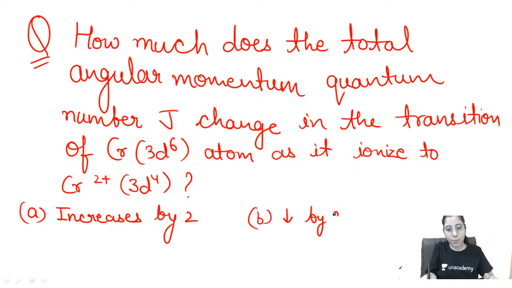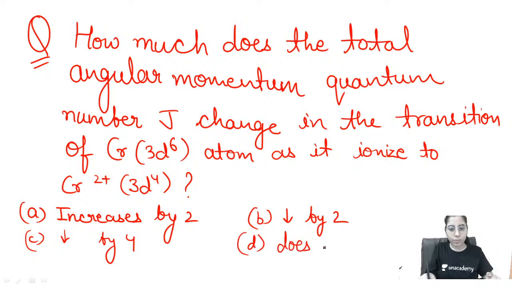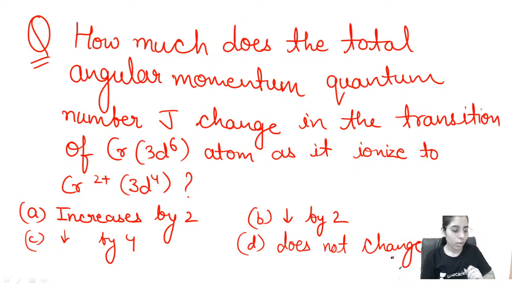Options: decreases by 2, decreases by 4, and does not change. Once you get it done, you can let me know which option is correct according to you.